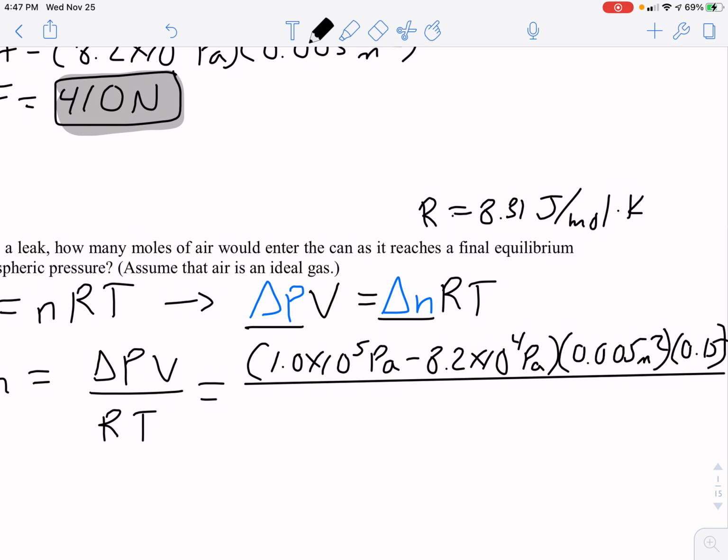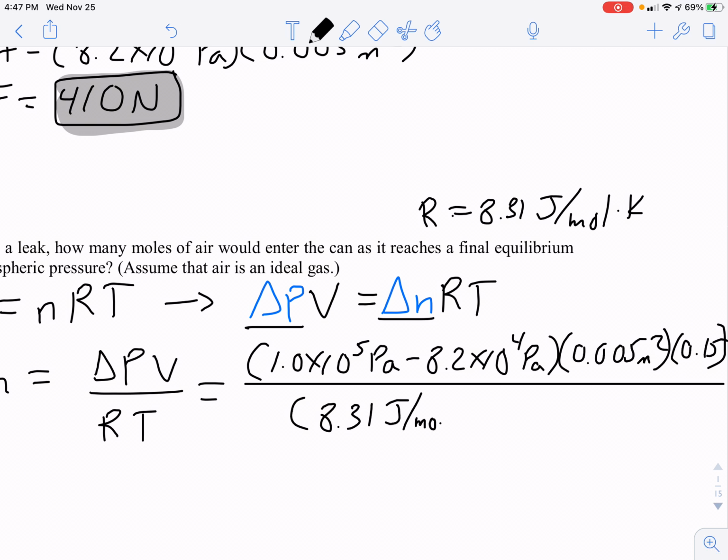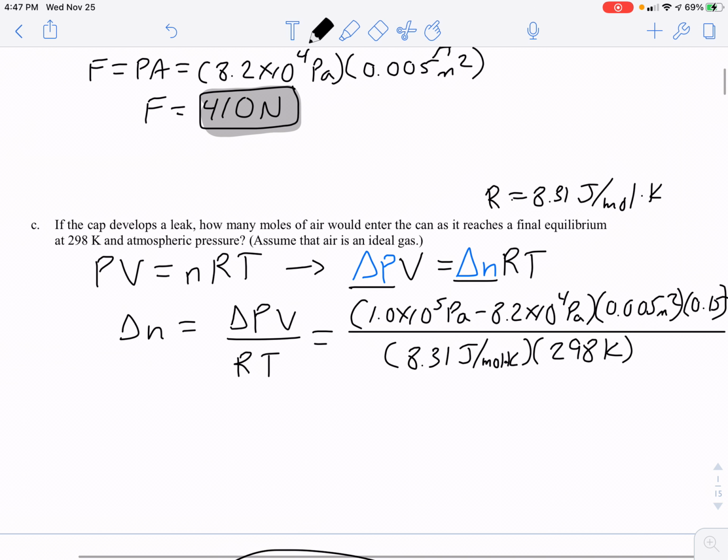All of that is going to be divided by R, which is 8.31 joules per mole Kelvin, times that temperature of 298 Kelvin.